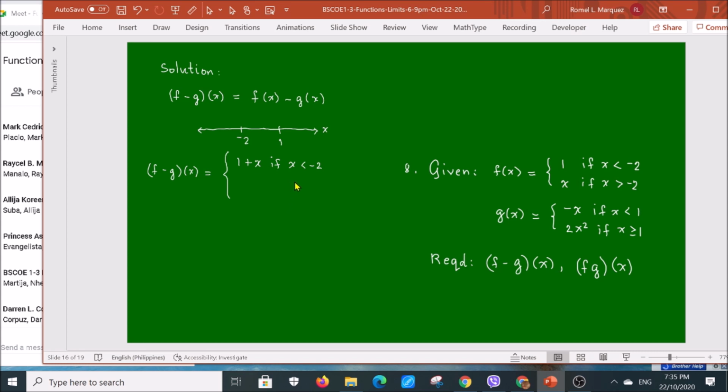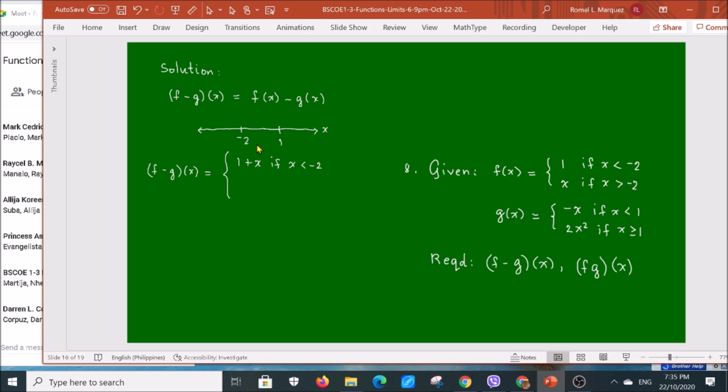What about if x is between negative 2 and 1? What is a sample number between negative 2 and 1? Let's say negative 1, or 0. Is it less than negative 2 or greater than negative 2? It is greater than negative 2, right?